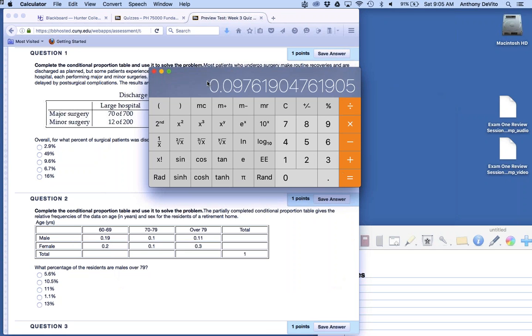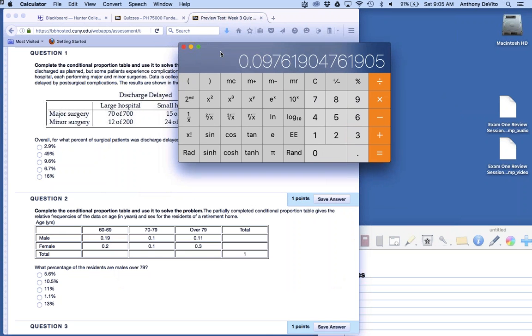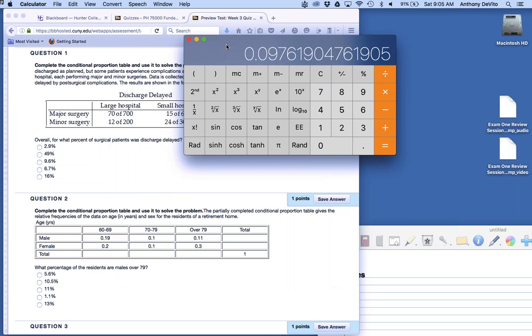Okay, so the proportion that were delayed looks like almost 10%, or about 9.7% of the surgeries were delayed. Okay, I think that's okay. I don't have the answer handy, I don't think. Let me see. Give me an idea. I'm pretty sure that's right.